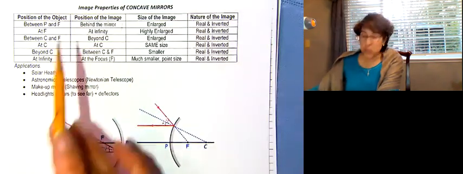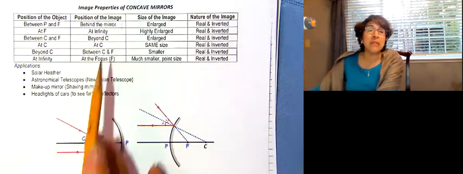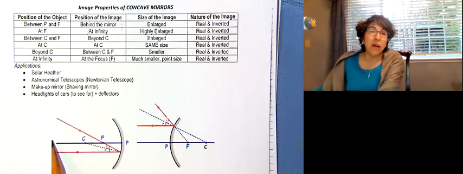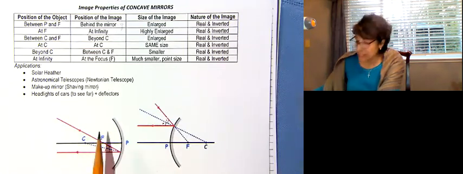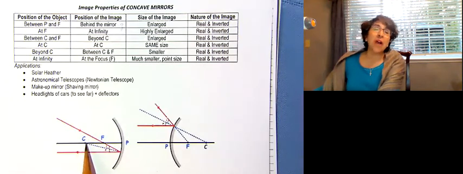If your image is between C and F, anywhere between these two, then your image is beyond C. Okay, way back here, and it's going to be enlarged. Okay, so like your makeup mirror or your shaving mirror, etc. If it's exactly at C, if your image is exactly at C, then your object, if P is exactly at C, your position of your object, then your image is also at C, but it's inverted.